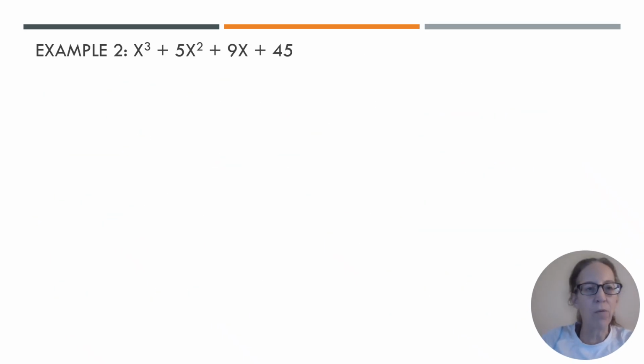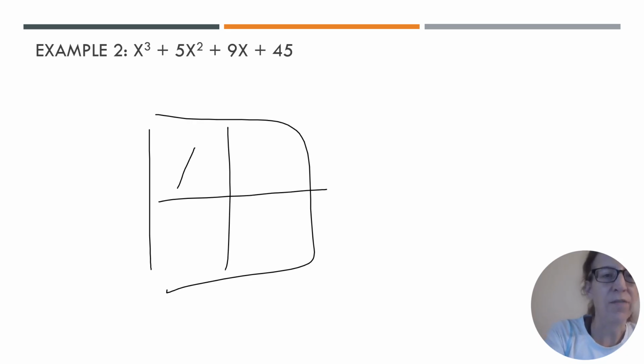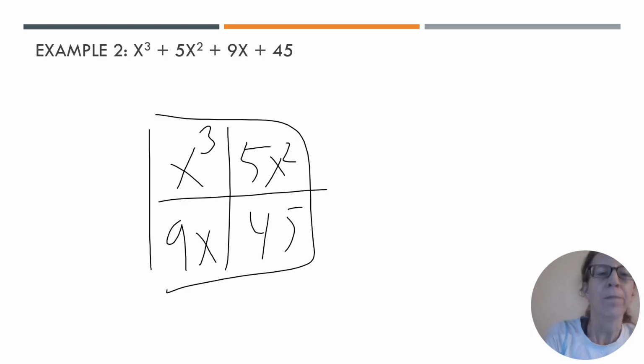Now, one other thing to look out for is to make sure that you are factoring completely. So let's take a look at this one. If I have x to the third, we have 5x squared, 9x, and we have 45. So looking for that GCF between x to the third and 5x squared, they have an x squared in common. And now we can just multiply the whole rest of the way.